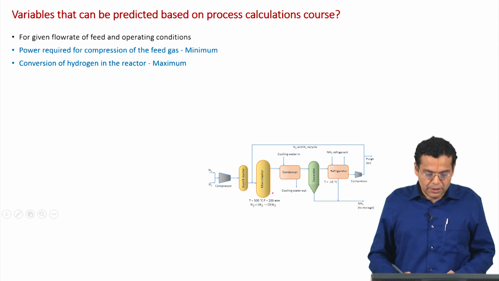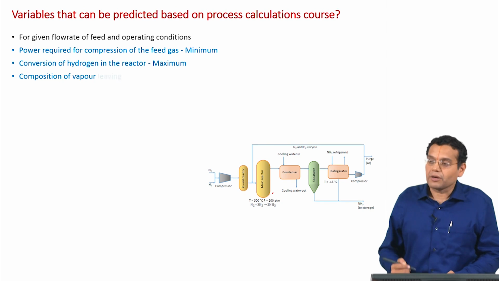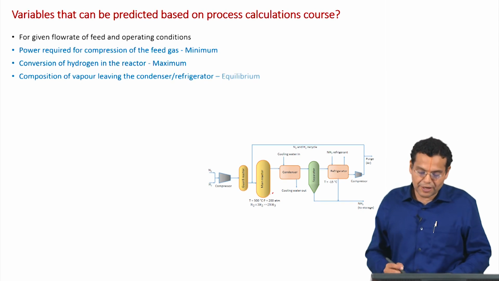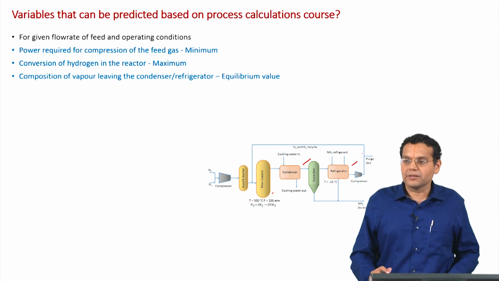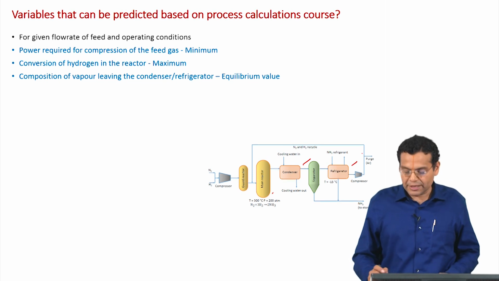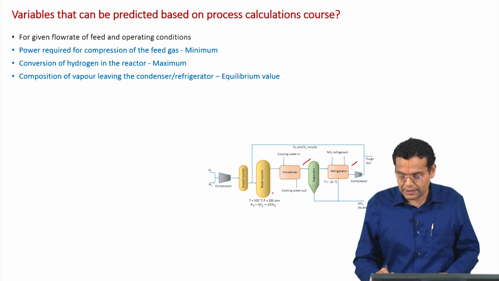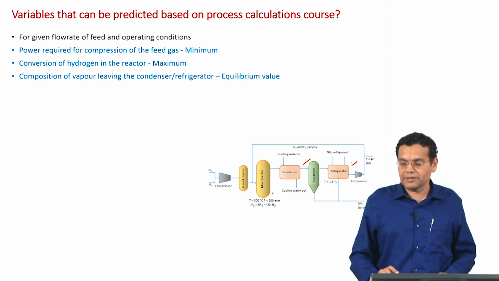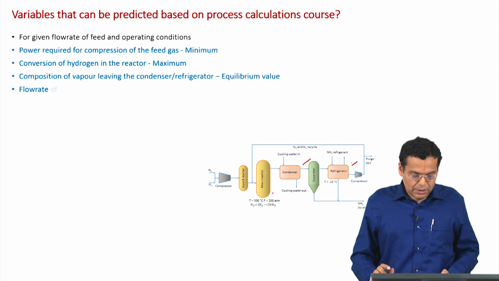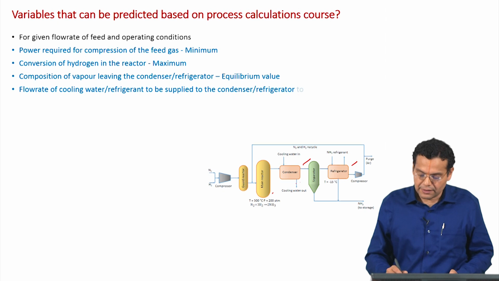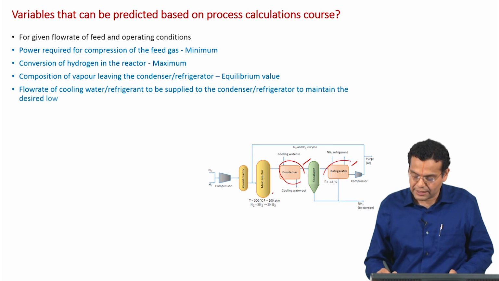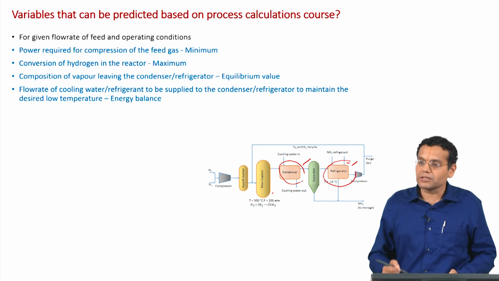We can also find out the composition of vapor leaving the condenser and the refrigerator, assuming equilibrium, the equilibrium value of composition of the vapor leaving them. We can also do a simple energy balance around the condenser and around the refrigerator and find out the flow rate of cooling water and the flow rate of ammonia refrigerant required.